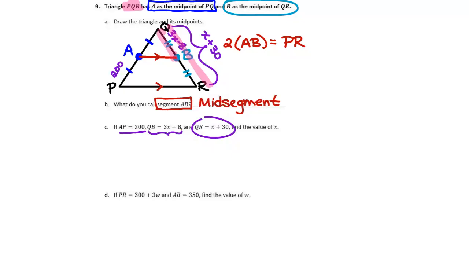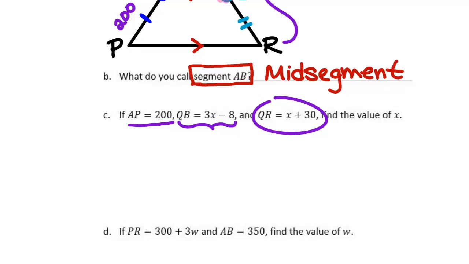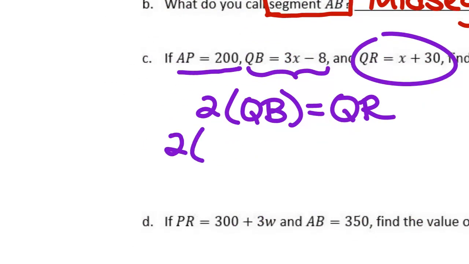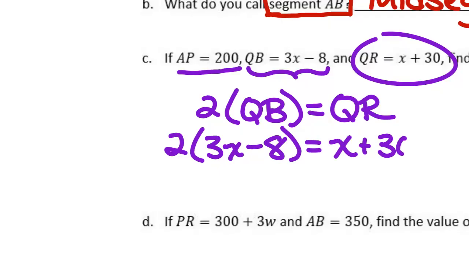QB is half. So it would take two segments the size of QB, so 2 times QB, to equal a segment the length of QR. So now I can substitute in 2 times 3x minus 8 is equal to x plus 30.